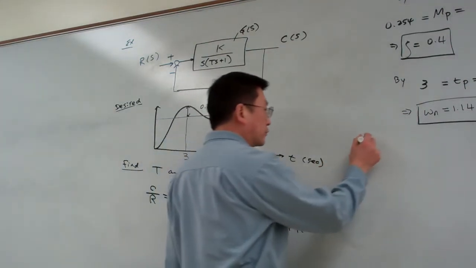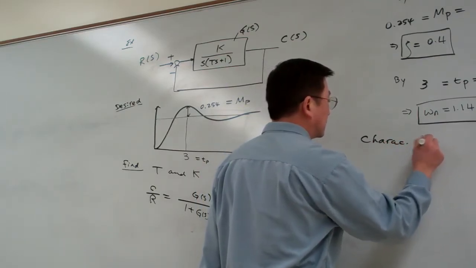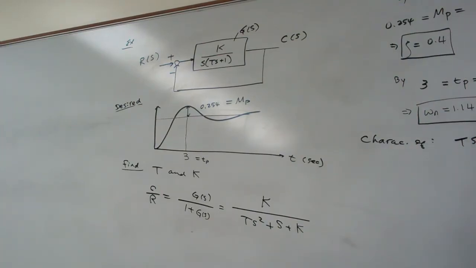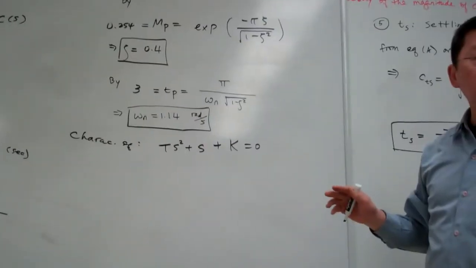Compared to our characteristic equation, that one is T s squared plus s plus K equal to 0. The zeta and omega n are the parameters for our standard second order system.